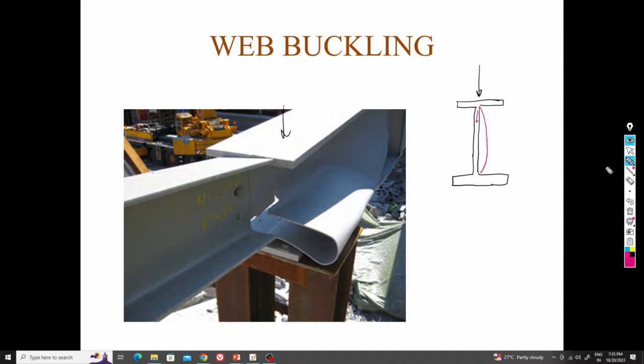Okay, either it will buckle like this or it will buckle like this. I can show you something like this. There are different possibilities. It will compress down and it will buckle like this. This is delta.